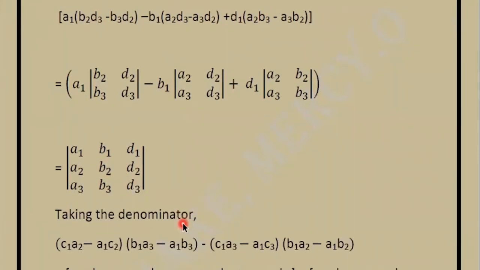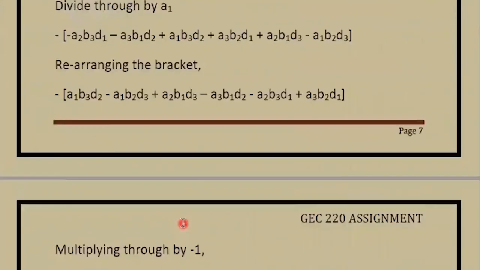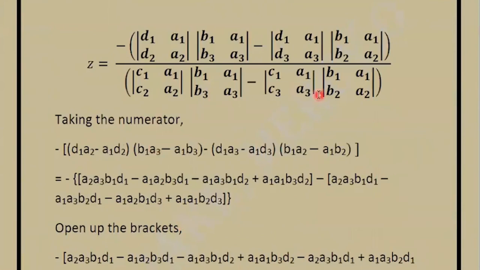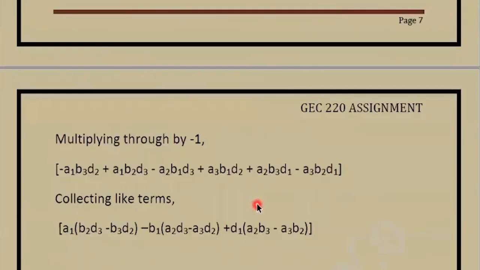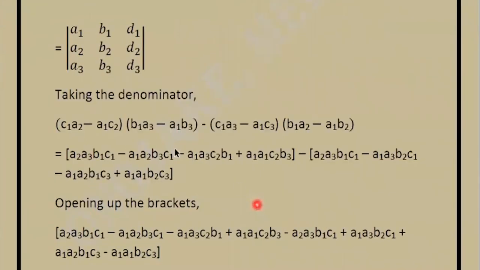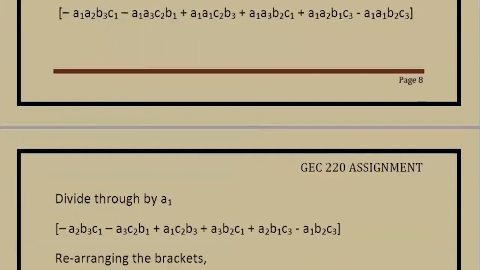Now coming to the denominator, we have the same thing, remember? Come here, we open the brackets and all of that. Here, let's apply. This is what is in the matrix. We've opened it up. We opened it bigger. Taking note of the like terms around, we eliminate the two that are the same, leaving us with this.